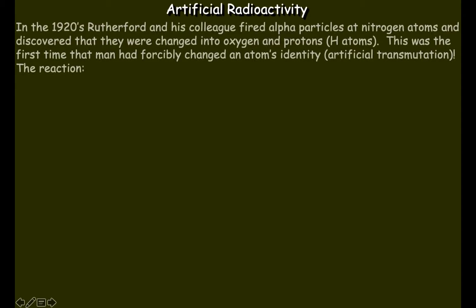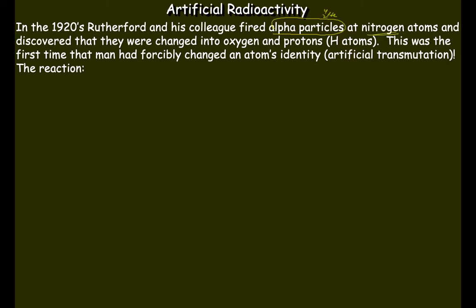For artificial, you can also do this artificially, and artificial radioactivity is slightly different. We go back to the 1920s when Rutherford, yes, our friend Rutherford with the gold foil experiment, was playing around with radioactive materials, and he did some work with this. Rutherford got the idea to fire alpha particles, your helium nuclei with the 4 and the 2, at nitrogen atoms.